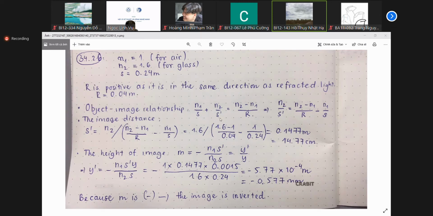From this, I can calculate y prime equal minus n1 s prime y over n2 s, and the answer is minus 0.577 millimeters. And because the m is negative, the image is inverted. That's the end. That's correct. Minus 0.577, and image is inverted. All right. Thank you.